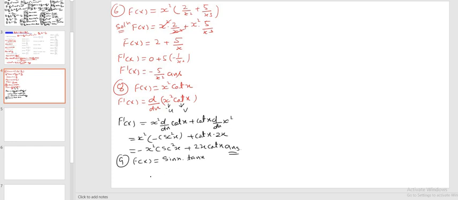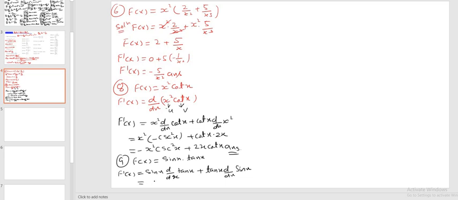Sin x into tan x. So what you have to do? Just differentiate again by using product rule. So u means sin x, d dx of v plus v and then d dx of u.